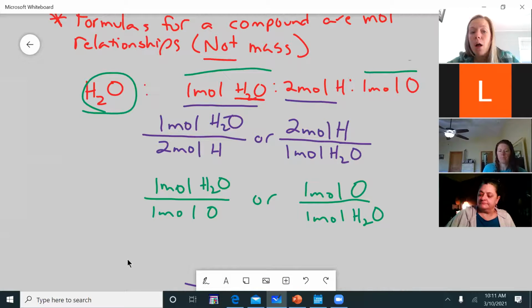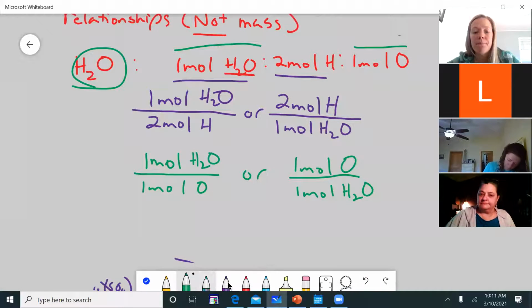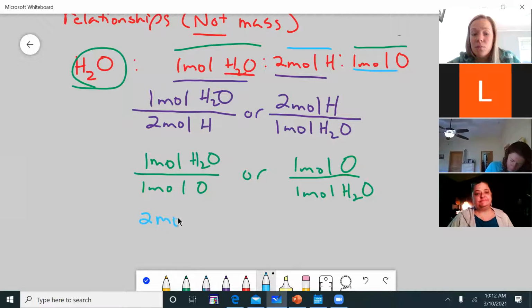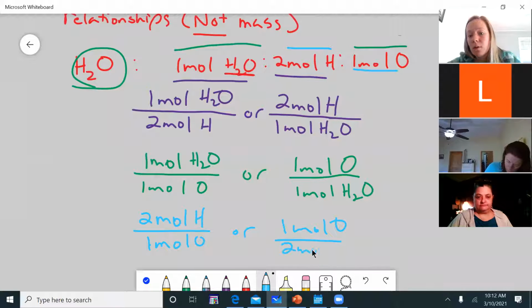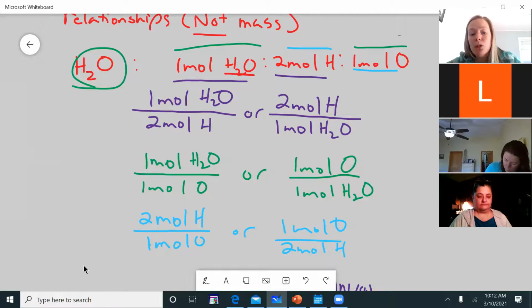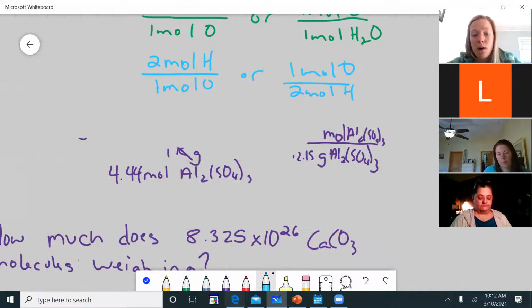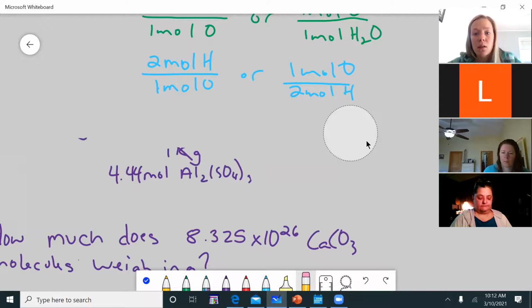I could even relate oxygen and hydrogen to each other by going, let's use a different color, blue, here to here. I could say, hey, in order to make a water molecule, I need 2 moles of hydrogen, or 2 moles of hydrogen need to combine with 1 mole of oxygen, or 1 mole of oxygen for 2 moles of hydrogen. So now there's all these built-in conversion factors. So I want you to write a couple conversion factors for this formula.